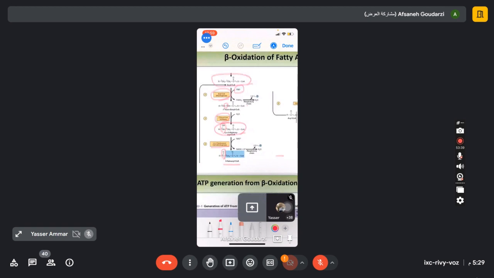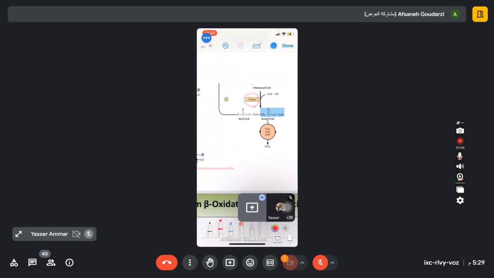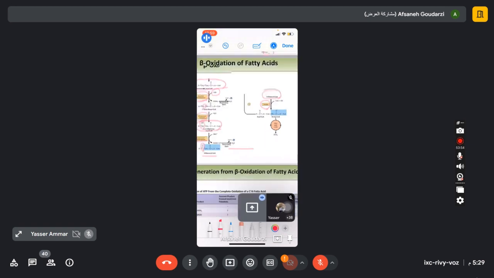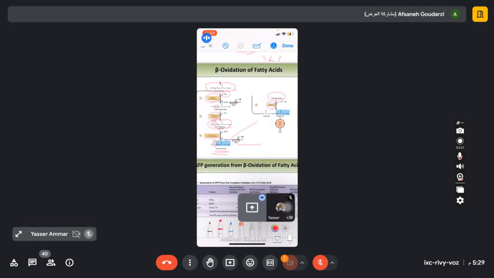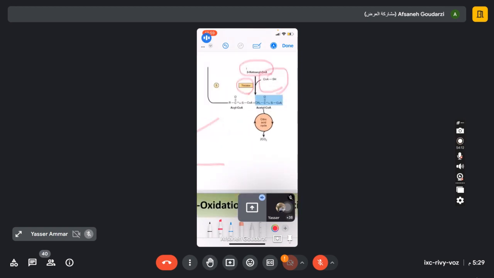So then in the fifth reaction, the enzyme thiolase performs on the 3-keto acyl-CoA. You saw that 3-keto acyl-CoA is produced here. By the entrance of coenzyme A, the thiolase can remove the 2 carbons at the end and produce acetyl-CoA.